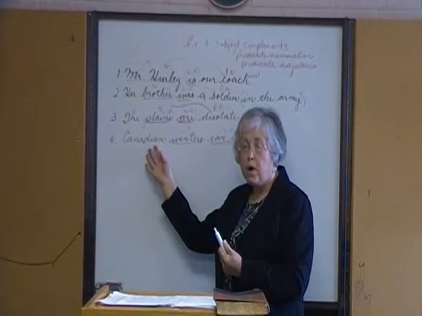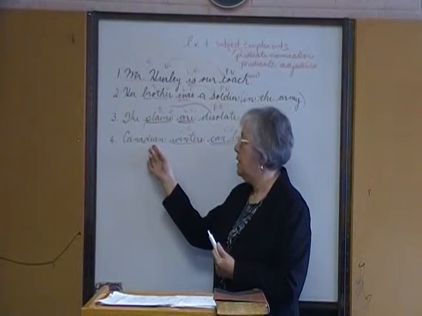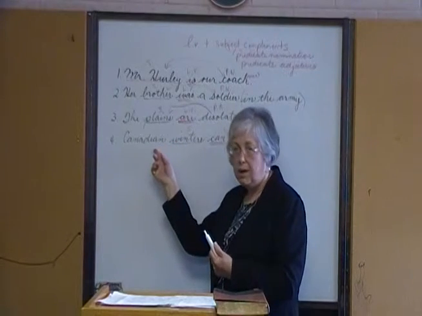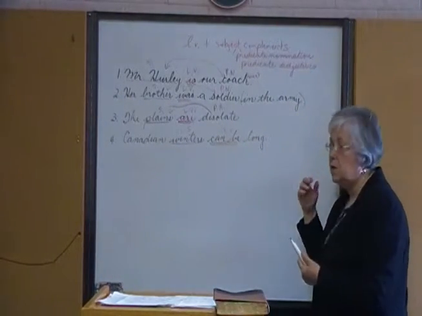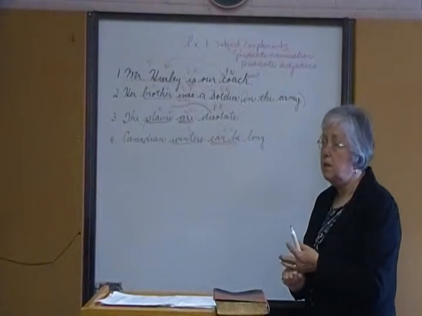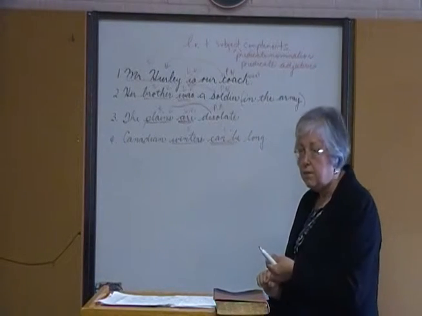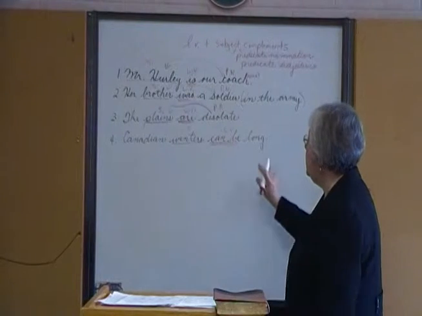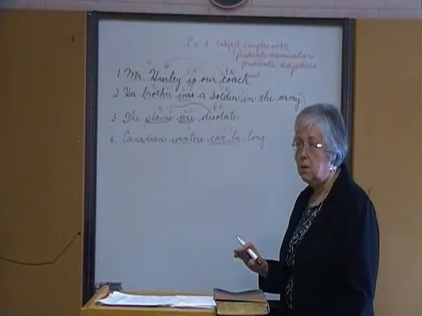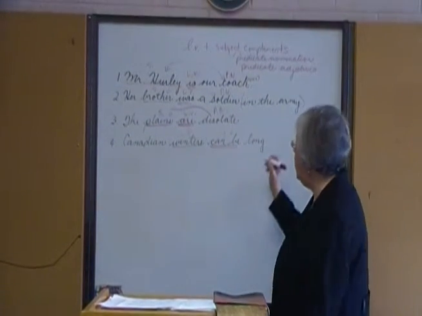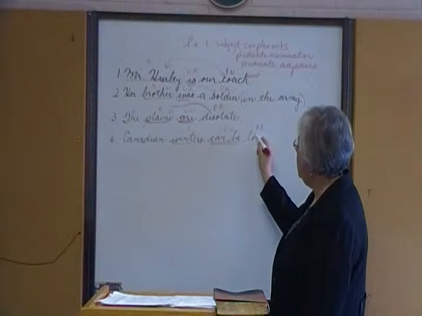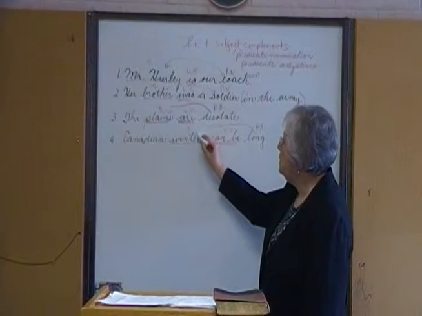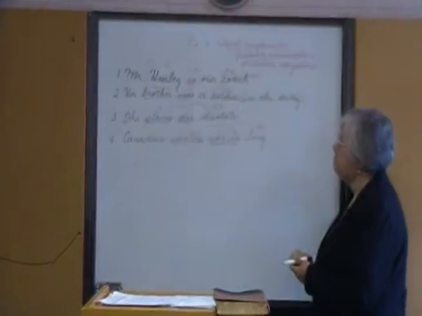Well, Canadian is a proper adjective, and it's describing winter. What kind of winters? Canadian winters. Now, what is the subject complement? What is the predicate nominative, or what is the predicate adjective that follows the linking verb? Long is not naming. Long is describing. We have a predicate adjective, and it's describing winters.